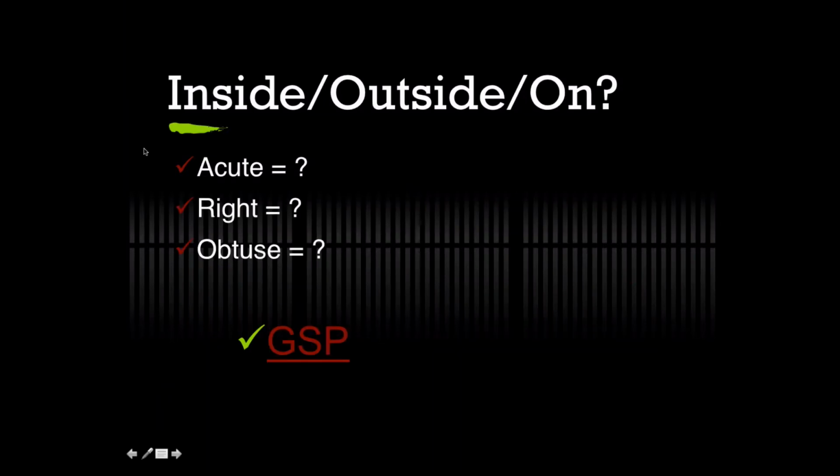All right, what about inside, outside, on? Well, that was an acute triangle, and it was inside. What about if it's an obtuse triangle? Inside? Outside? I don't know. Anybody else want to jump on Mary's outside bandwagon?